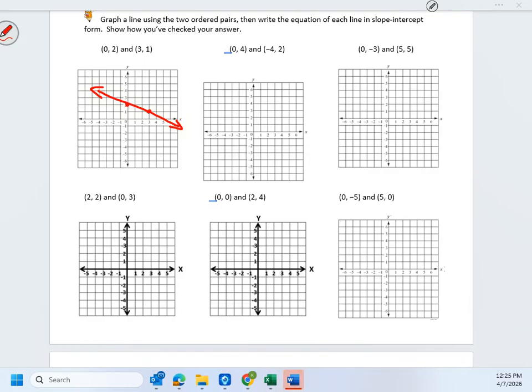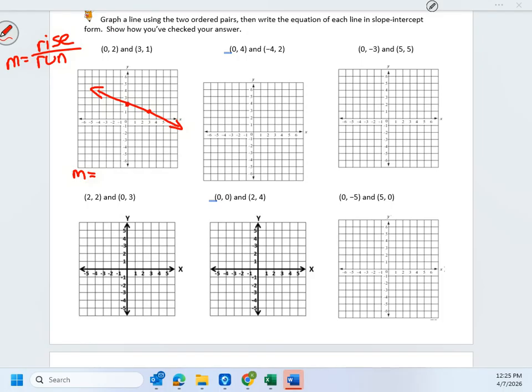What do you think we need to figure out next? Colton? The slope. Yeah, we need to know what the slope is. How do I figure out my slope? Henry? You gotta figure out the rise and run, so you have to find the difference in X and Y between the 2 points. Yeah, remember, that slope is rise over run.